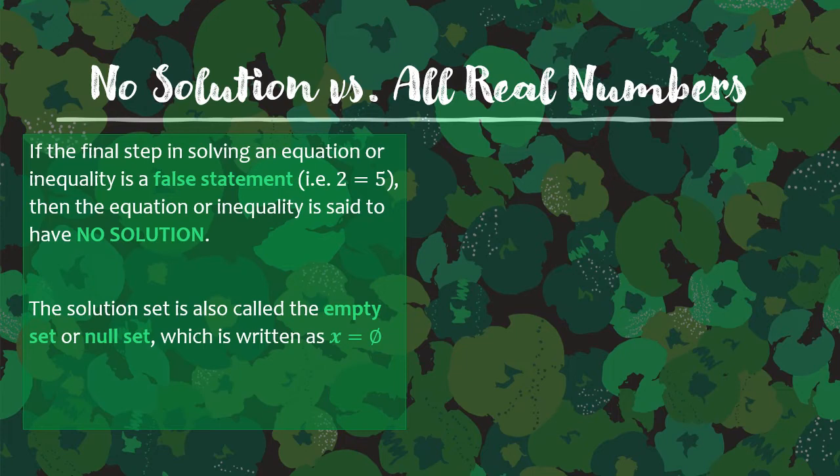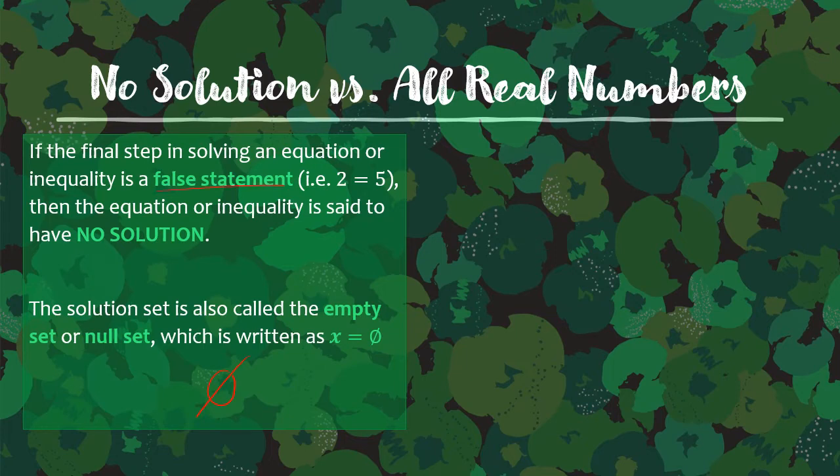We can also say that the solution set is called the empty set, or I tend to hear more often the null set, null just representing there's nothing there. And we write that as our solution, x being what we perhaps solved for, equals the null set. This little circle with the line through it means the empty set. There's nothing there. So that happens anytime we reach a false statement.